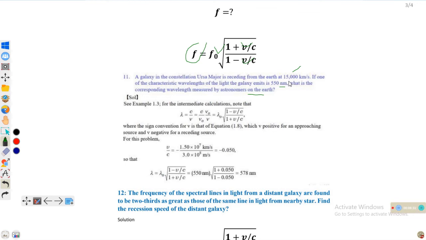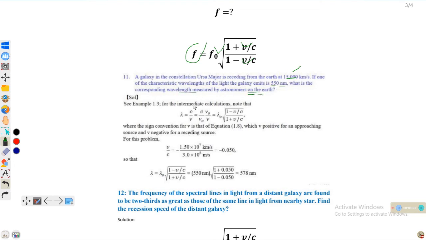This is the speed of that galaxy, this is the wavelength of the moving galaxy, and we have to find the observed wavelength.